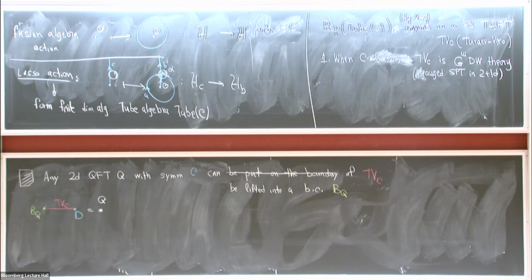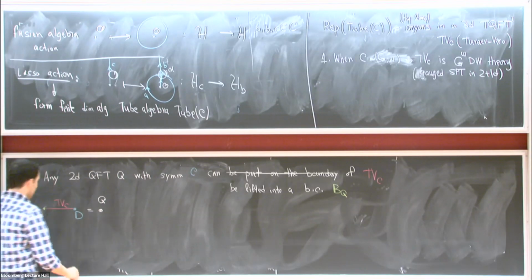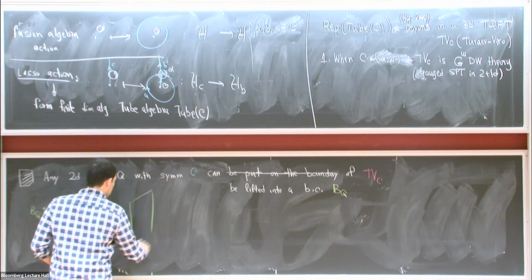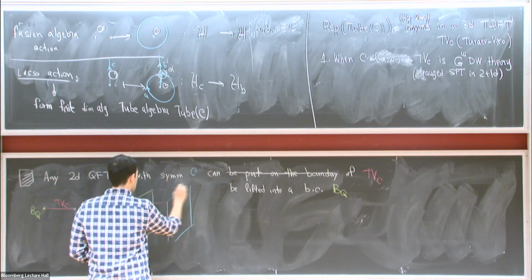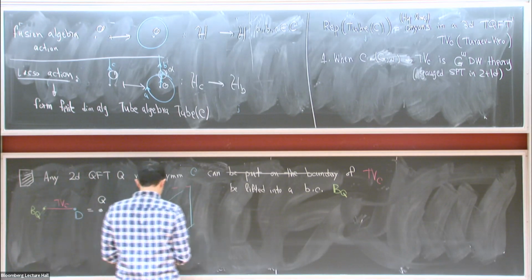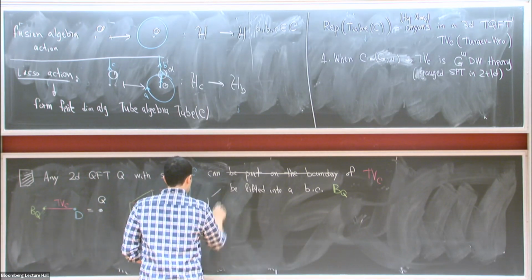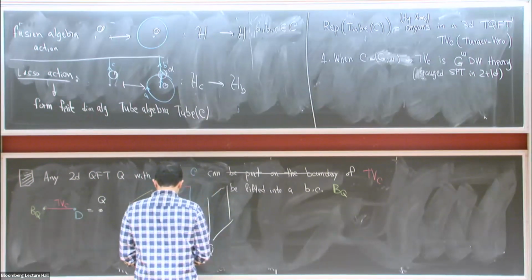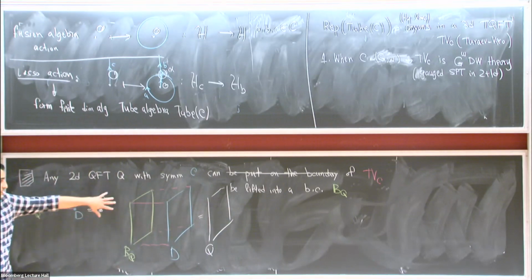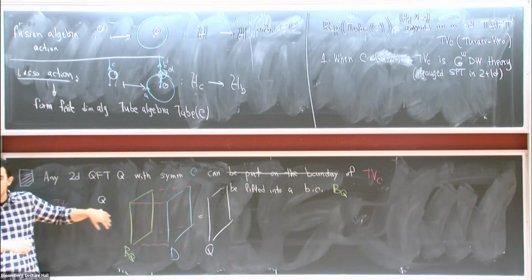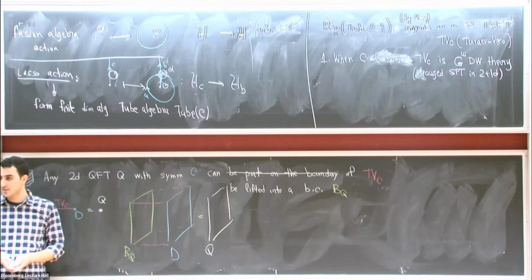So I have a bulk realization of my theory, and it helps me, I will explain. So what does it mean in the picture? I just put any sigma on an interval, reduce to boundary condition, and I get that theory. So what are the properties of this boundary condition?